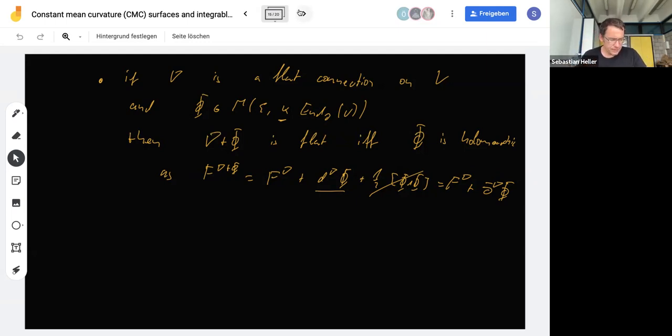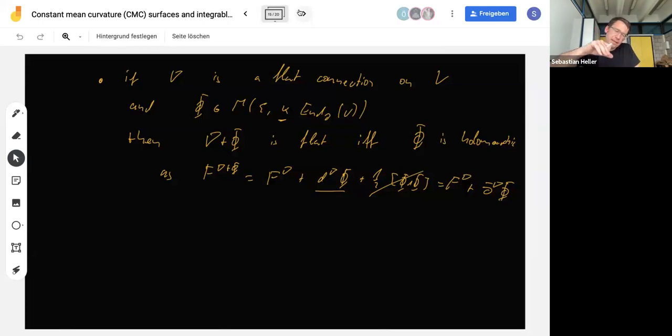So we get a strong relationship between these flat connections and holomorphic vector bundles. And it also shows that if we specify a holomorphic structure on a vector bundle, there is at most a finite dimensional space of flat connections, because every two flat connections differ by a holomorphic one form, and we just discussed before that the space of holomorphic sections of a vector bundle, like one forms with values in an endomorphism bundle, is a finite dimensional space.